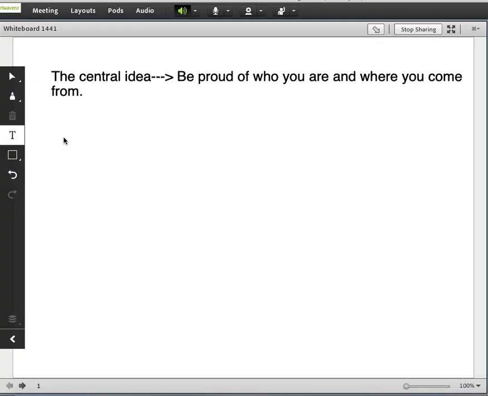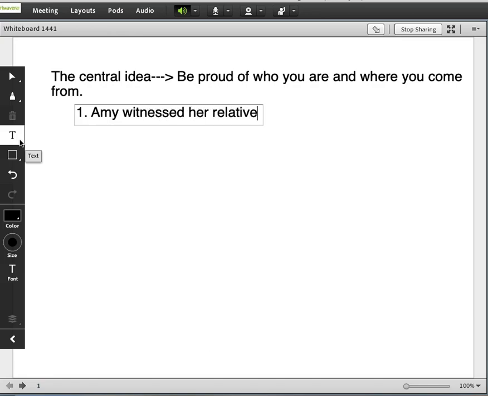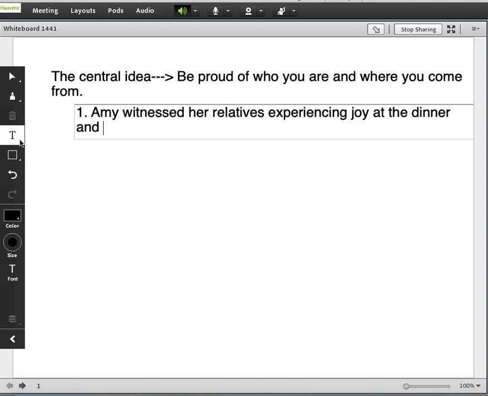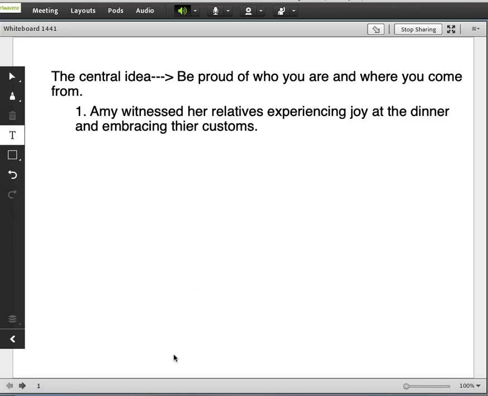And in my writing here, Amy witnesses her relatives experiencing joy, right? Not only is she experiencing joy, but they are embracing the customs that come with their family, right?